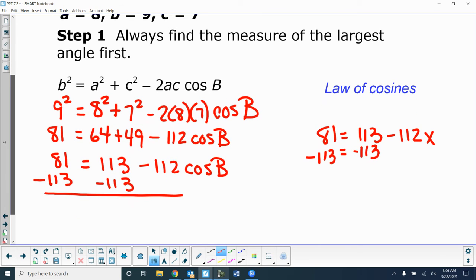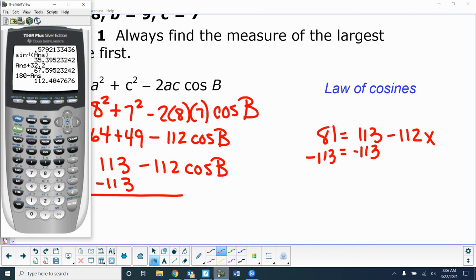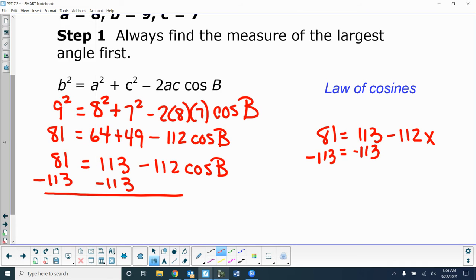Okay? So 81 minus 113 is negative 32. And that minus sign is still in front of that 112, just like it would be here.